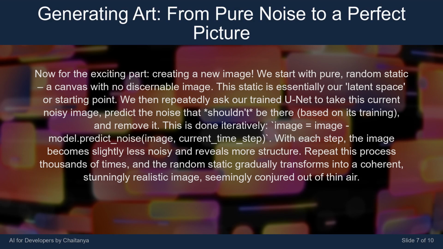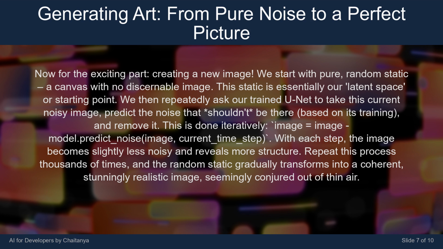Now for the exciting part. Creating a new image. We start with pure, random static, a canvas with no discernible image. This static is essentially our latent space or starting point. We then repeatedly ask our trained U-net to take this current noisy image, predict the noise that shouldn't be there, based on its training, and remove it.